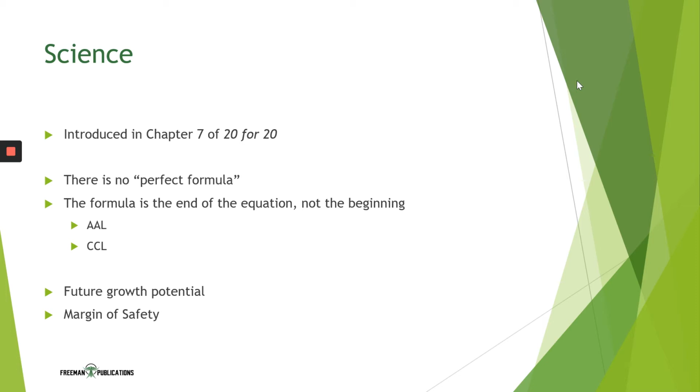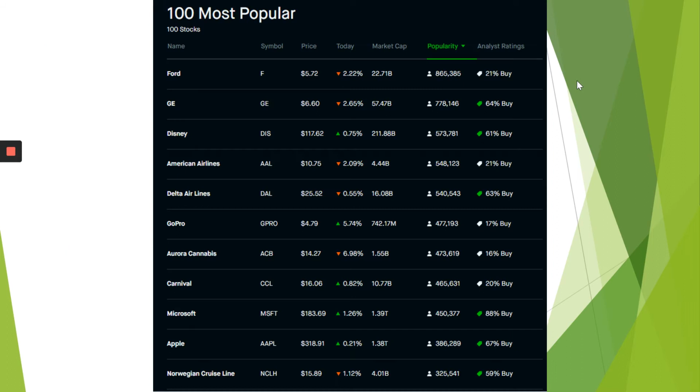And if you understood that the formula is the end, not the beginning, you would never do that. I'll explain why later on in this lesson. So the science part, like the art part, if you really distill it down, it just comes down to two factors. And that's future growth potential of the company, and margin of safety. And I will elaborate further later on.